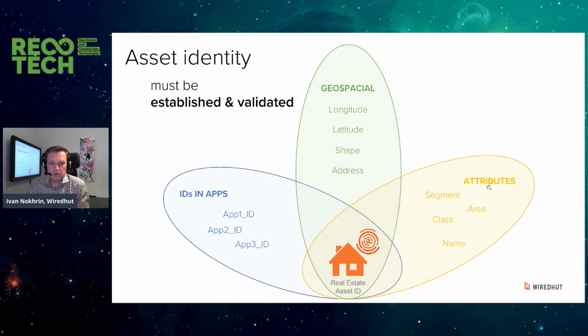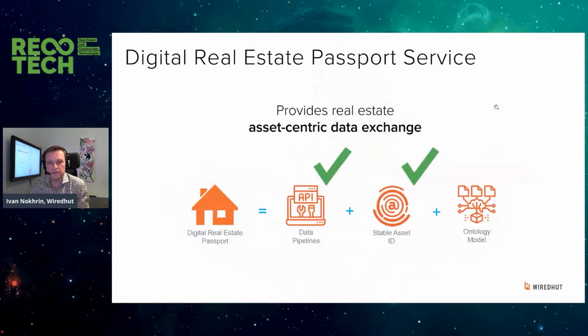Attributes is the third field of data points that belongs to real estate asset ID, and these are voluntary attributes that help us identify the asset from our human readable perspective, which means that we can supply a name to an asset, a segment, office, retail, residential, whatnot, and we can also supply additional things like class or category or type, and so on.